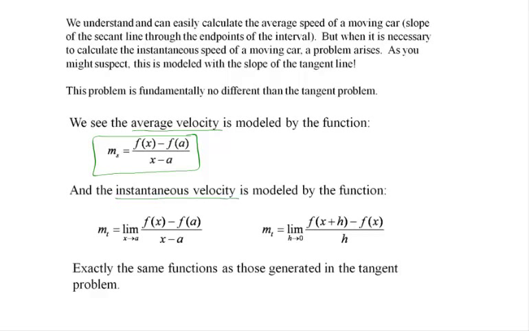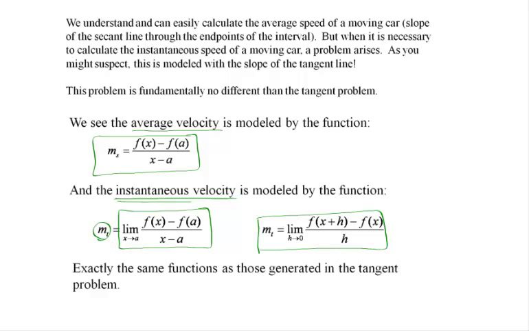Well, remember, the derivative is the slope of the tangent line. If the tangent line is a line on the position function, then the slope of that line is velocity. And at any one given input value, it's instantaneous velocity.